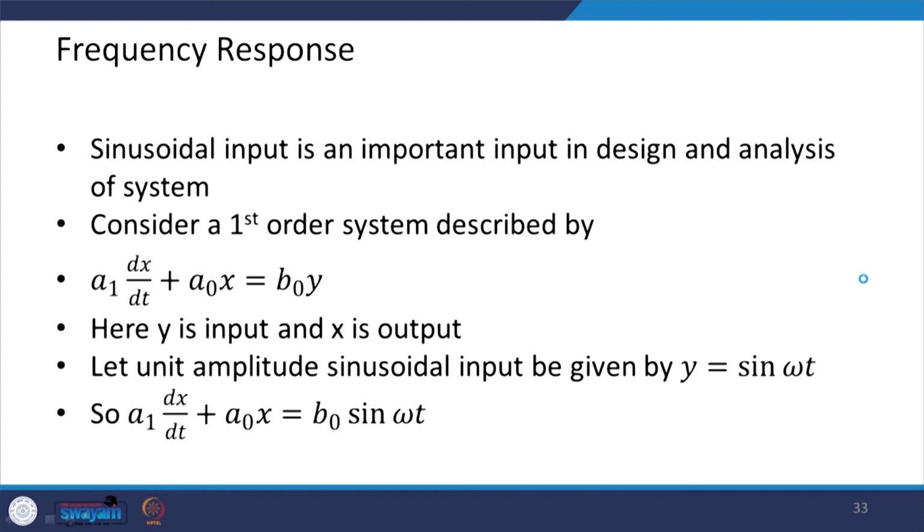After seeing that, let us try to learn the frequency response. Till now I have talked about the step input to a system, but our input to the system could be sinusoidal as well, and sinusoidal inputs are important in the design and analysis of systems.